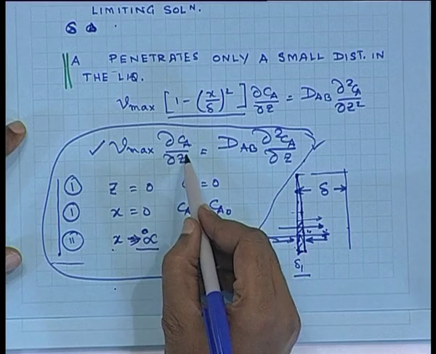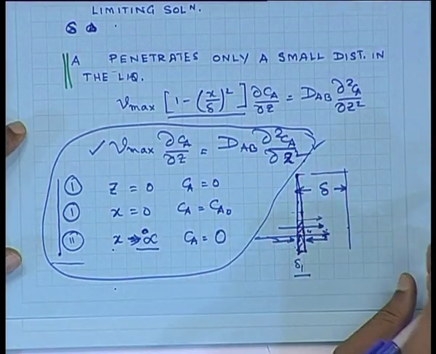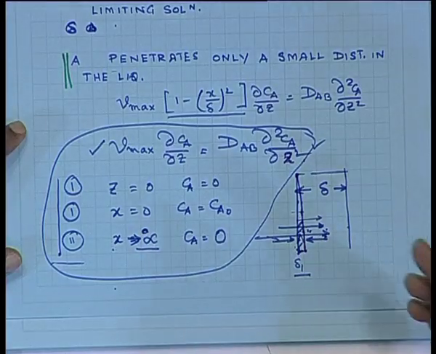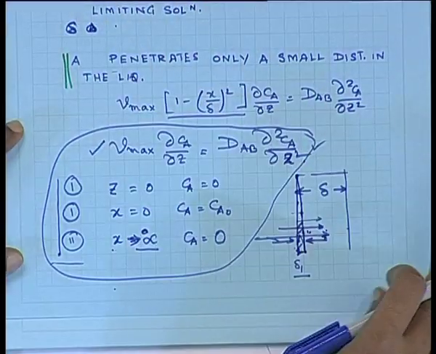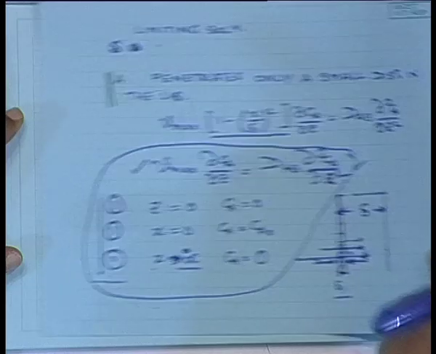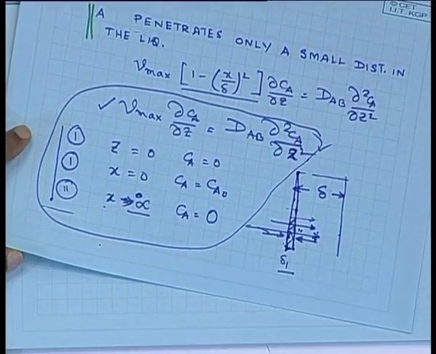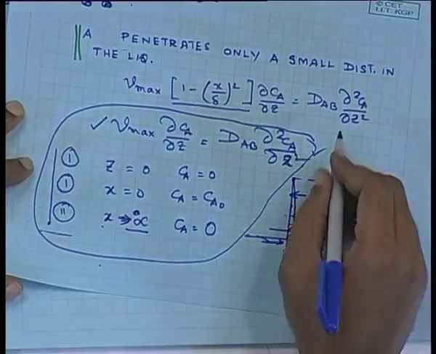So this is z and this is x square, or the other way around, whatever you find from your previous work, where I have written del 2 Ca del x square.